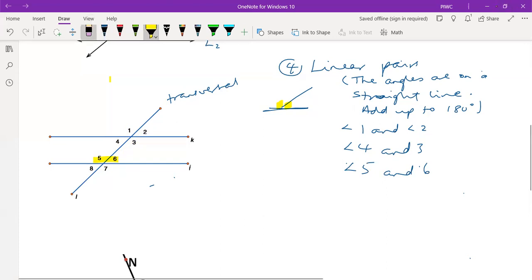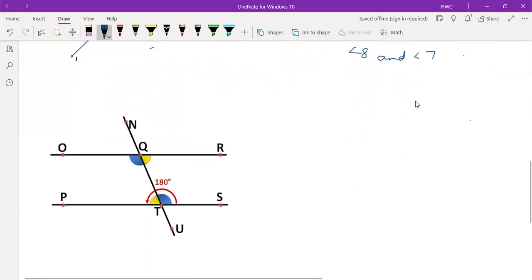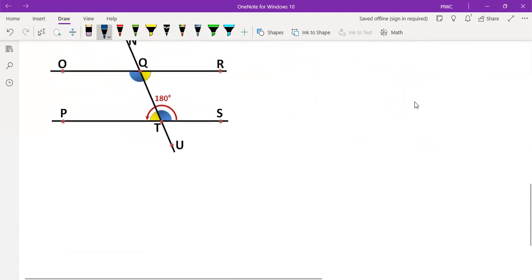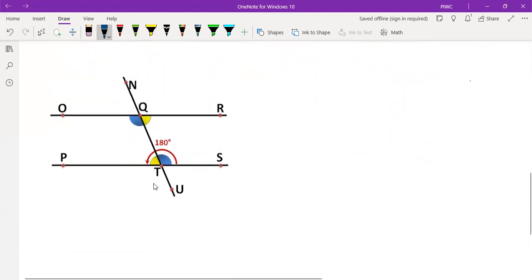And the last one here will be angle 8 and angle 7. They also form a linear pair. So that is what is illustrated in this diagram here. The linear pairs, the blue and the yellow, add up to 180 degrees.